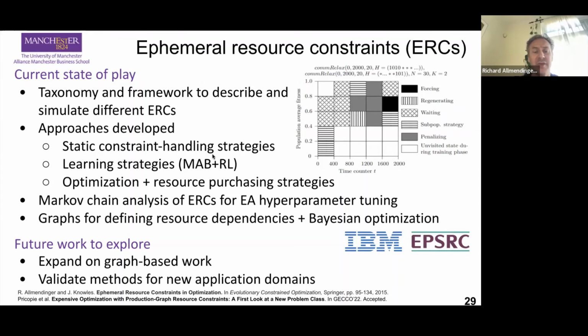We also did a bit of theoretical analysis on these constraints. We did Markov chain analysis to decide how to set the parameters of an EA. That was in a very simple environment. Most recently, we got a paper accepted at this year's GECCO where we looked at graphs: how can we use graphs to define the resource dependencies.